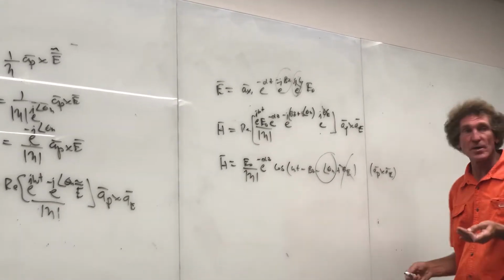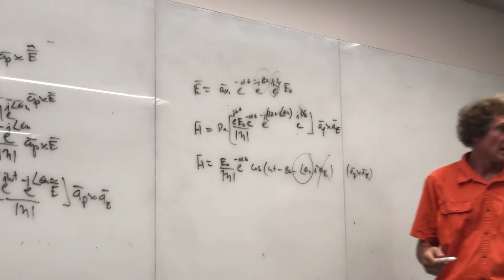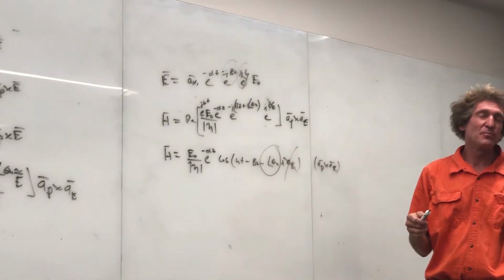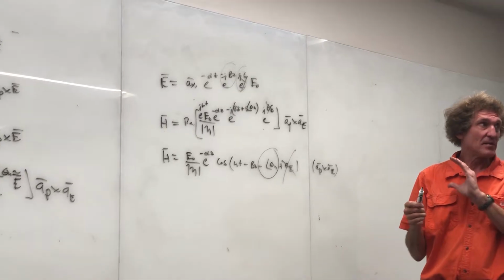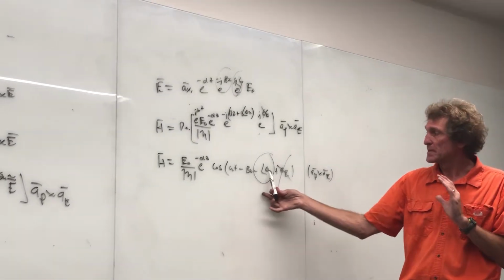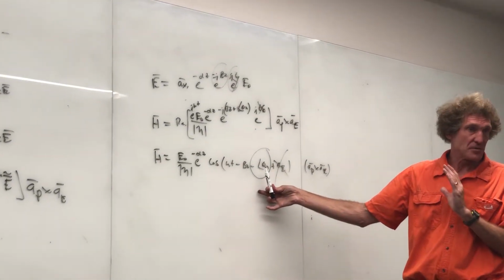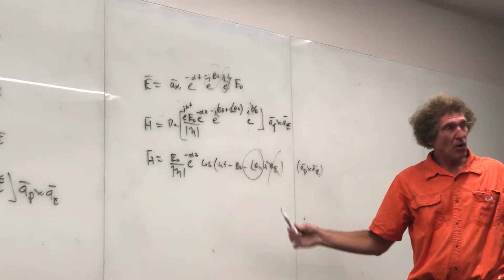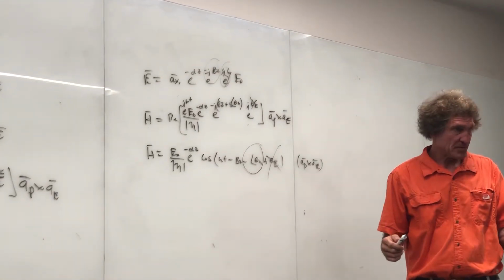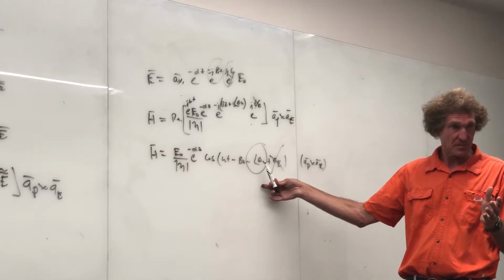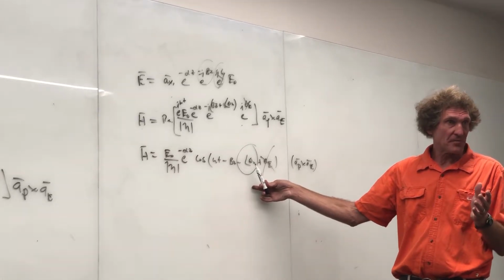So if it's at an angle of 12 degrees, this would be minus 12 degrees, only you'd have to put it in radians. Follow me? And the H field always lags the E field. That's the real thing I'm getting at. It lags by this much. It'll always lag by the phase angle.